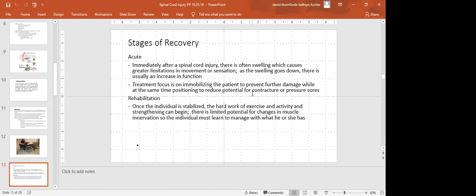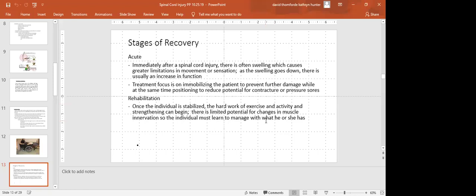At the same time, we also want to reduce the potential for contractures, so we need to do passive range of motion exercises, and also reduce the possibility of pressure sores. So doing some of the cushioning that we've talked about. In this case, the cushioning under the ankles to prevent pressure sores in the heels would be very important.